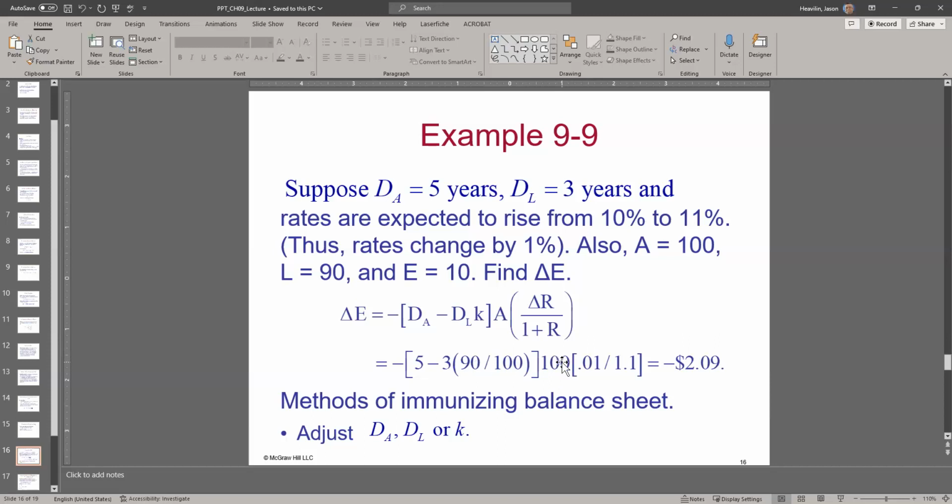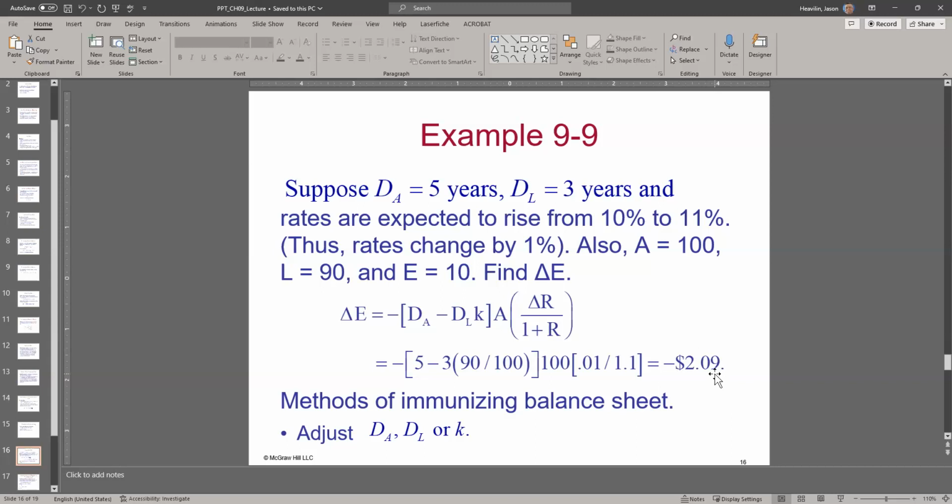Then you multiply by the assets, and apply the change in rate as 0.01, a 1% increase, divided by 1 plus the current rate, which is 10%. In this scenario your equity will change by a negative 2.09. So that 10 is going to go down in value by 2.09.